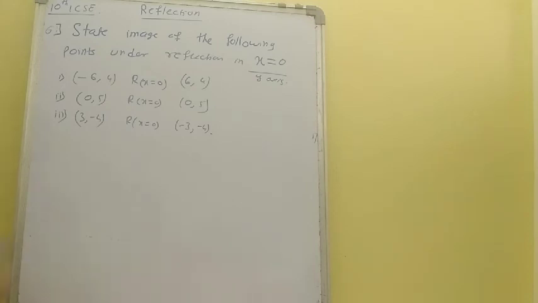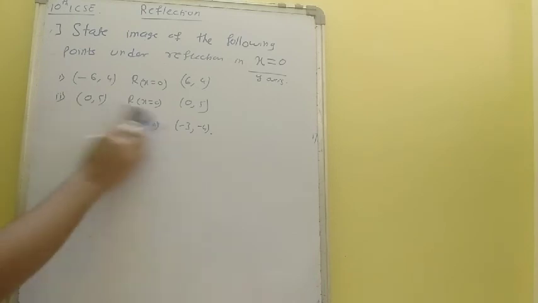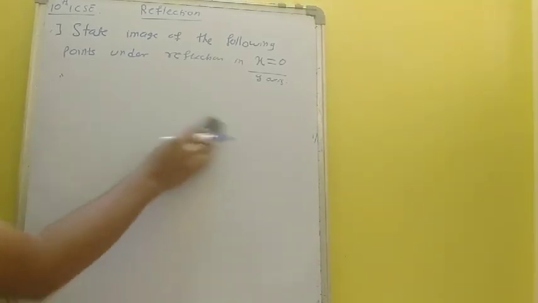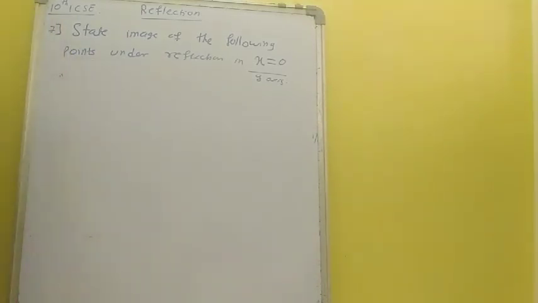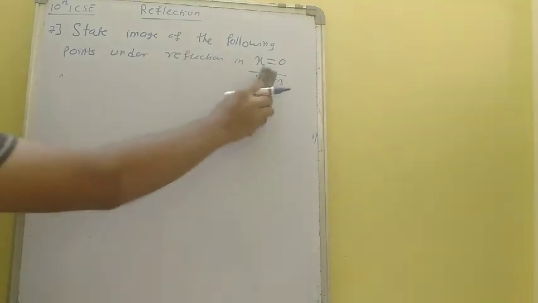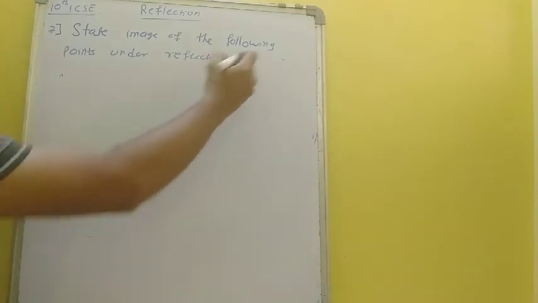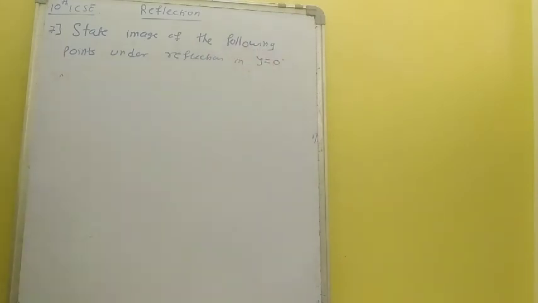And the next question is, seventh one. Okay, I'll just erase this. Just copy down. Seventh one, state the image of the following points under the reflection in y is equal to 0.